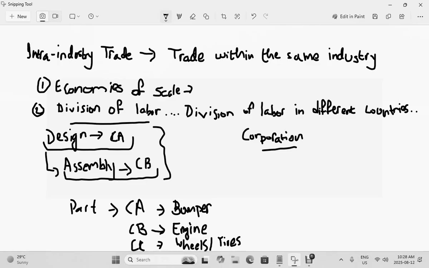So let's say a country or a company decides to invest in equipment, machinery, tools, gadgets, and so on and so forth, the cost of production will gradually go down as the production goes up, so as the number of products being produced goes up.